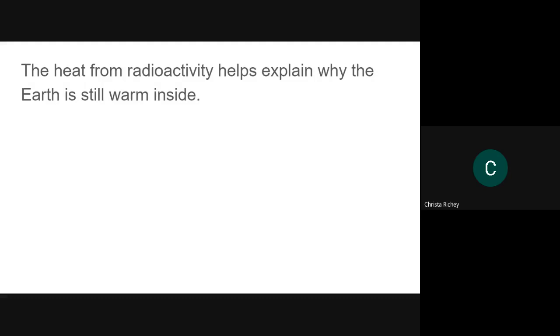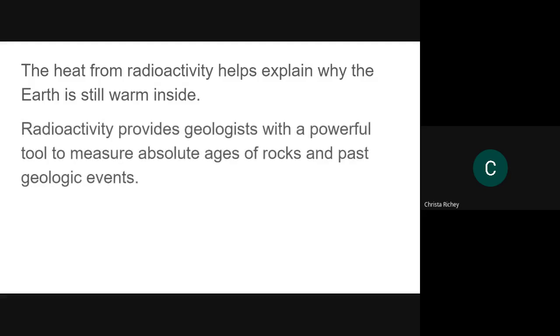These materials are still trying to break down. Some of these half-lives, like one half-life, is over 4.5 billion years old, which is approximately the age of our planet. They're still there. But the breakdown of these radioactive isotopes helps produce heat, which helps keep our planet alive.